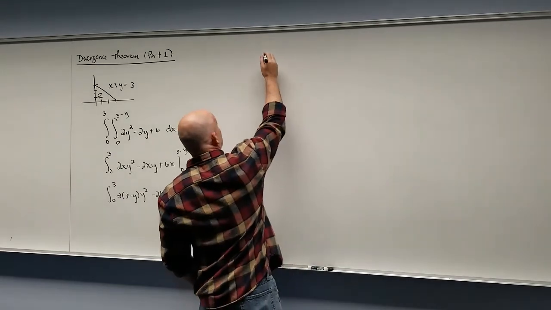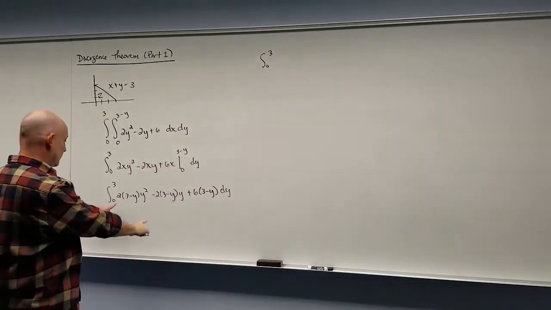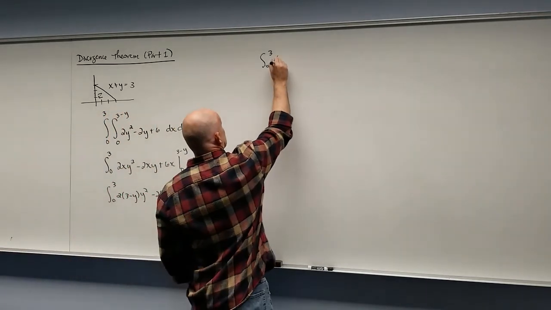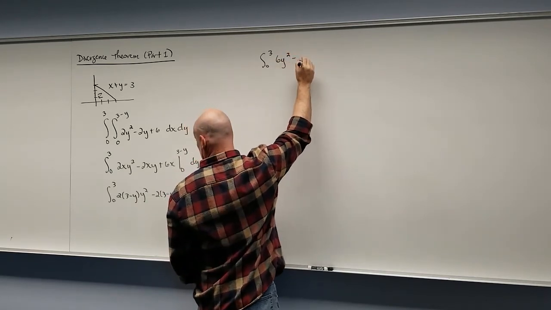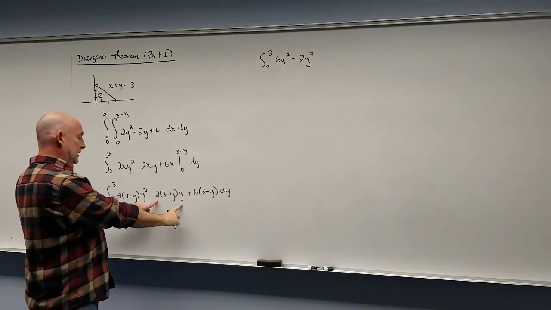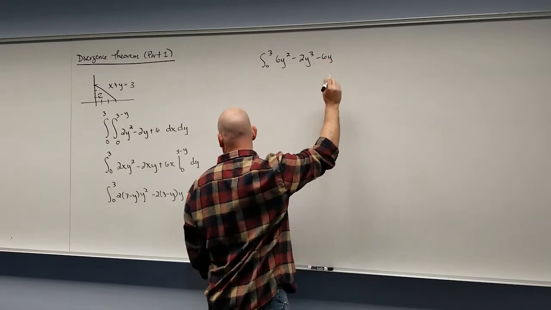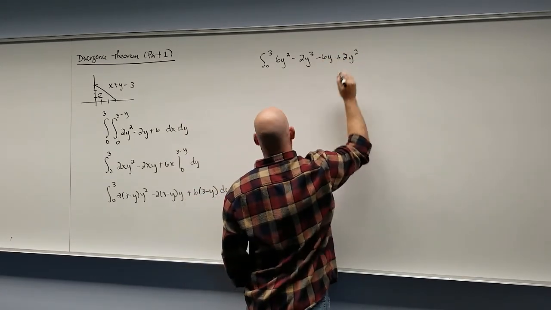All right, so this is going to give us the integral from 0 to 3. When we distribute this, we're distributing a 2y squared, so that gives me 6y squared minus 2y cubed. Here we're distributing a negative 2y, so that gives me a negative 6y plus 2y squared.